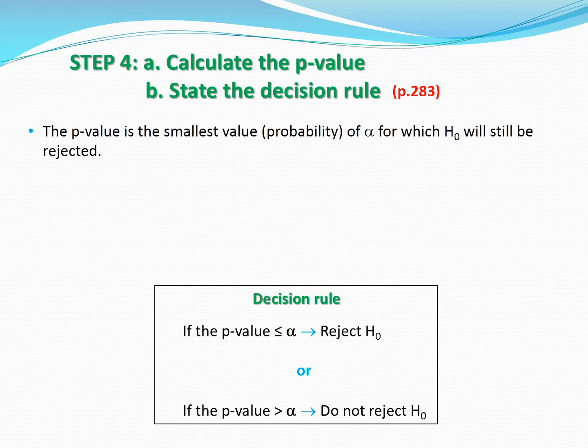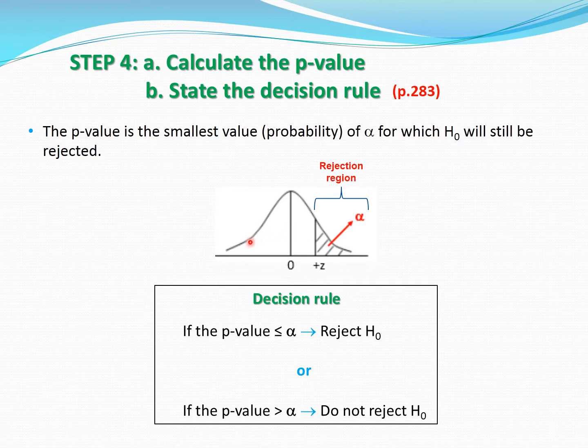Now the p-value is a probability, and it's the smallest value for the significance level for which the null hypothesis will still be rejected. So imagine that this area under the curve is alpha. Now if my p-value falls within this region, then my null hypothesis will be rejected.